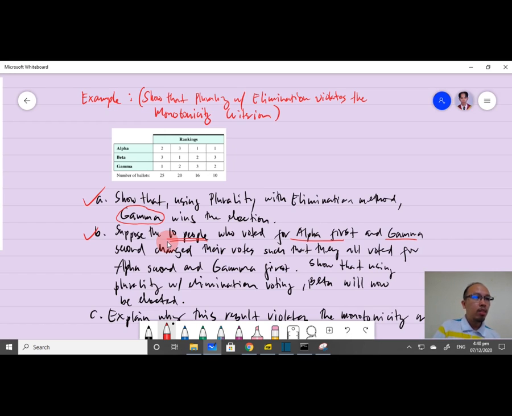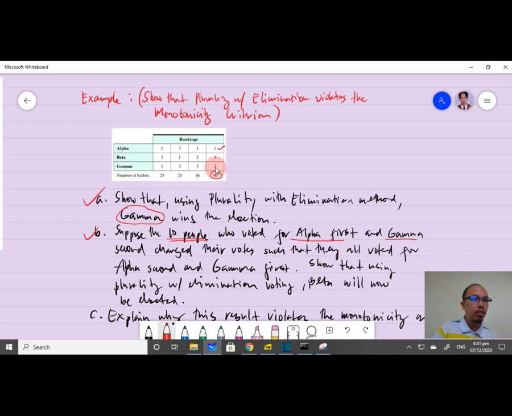Okay, so as you can see here, we have this one here, 10, and it says in this given that alpha first and gamma second.